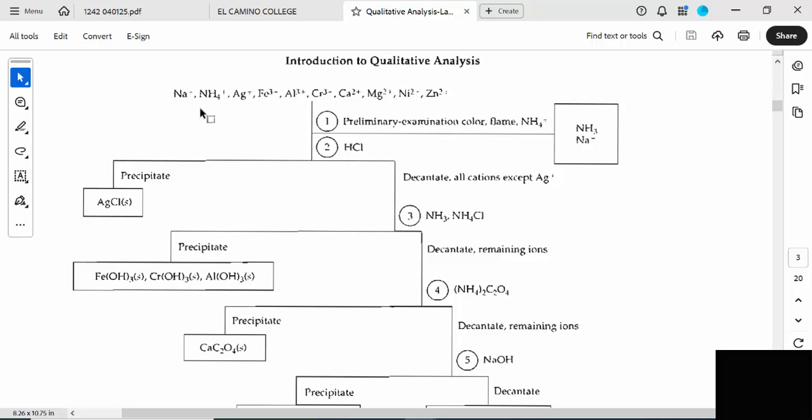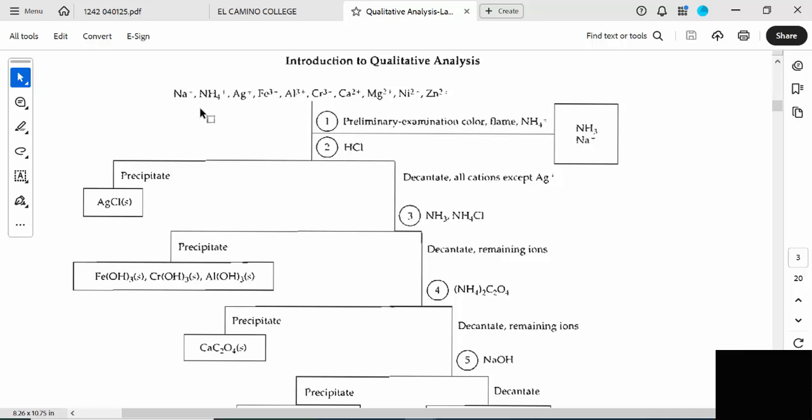The first part of number 2 is we want to precipitate out the silver as silver chloride. None of the other cations in there will precipitate out as a chloride. The only insoluble chloride is silver. And so our goal is a complete and clean separation of silver ions.